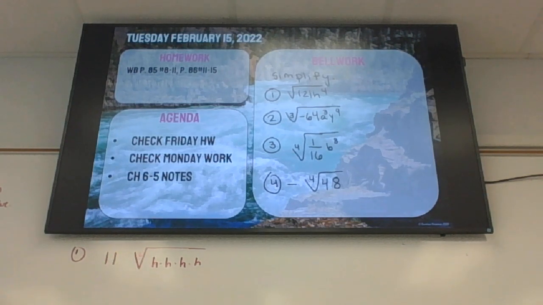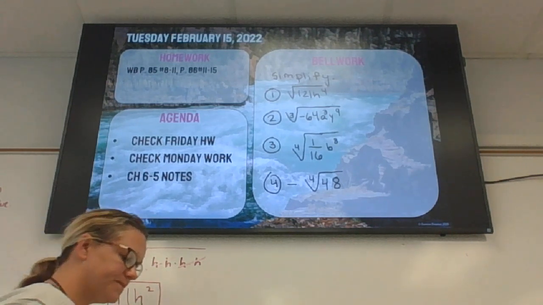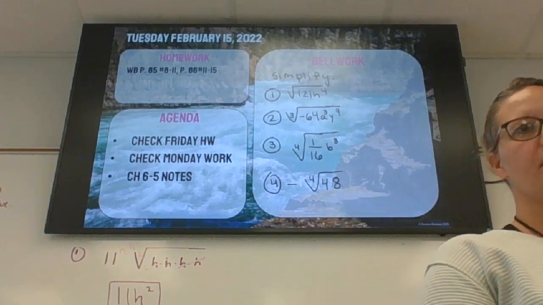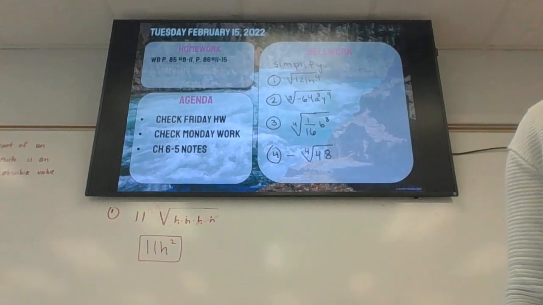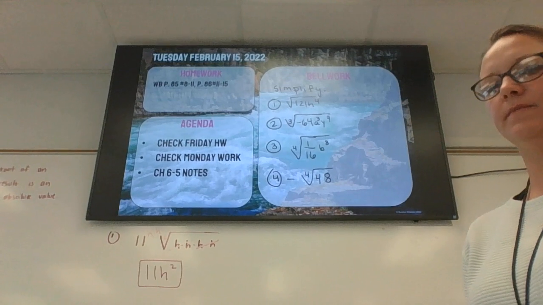So for every group of 2, you can square root and bring one out. So that means I could bring an h out and another h out, and there's nothing left under the radical. So there's no radicand left over. So the result is 11h squared. Good.